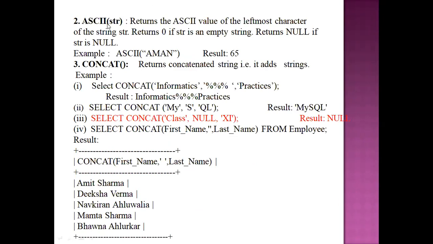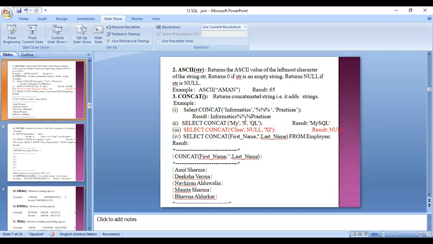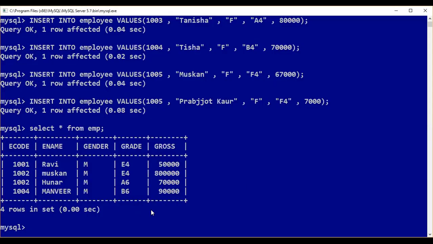So, ascii and concat. First it was left for practical, so today I am showing you the practical. See here, with the ascii value: select, I want to show the ASCII value of this.